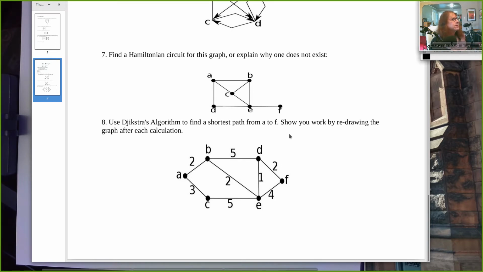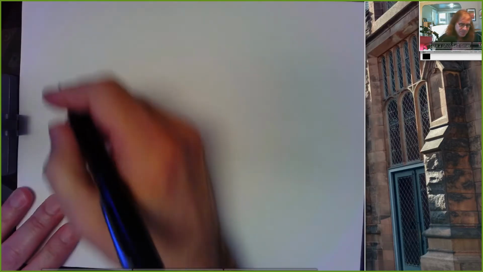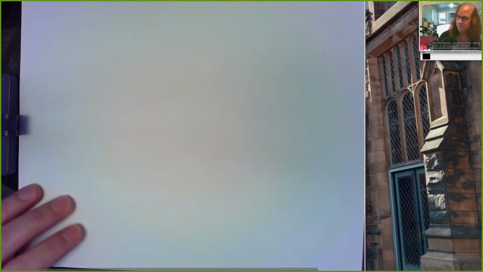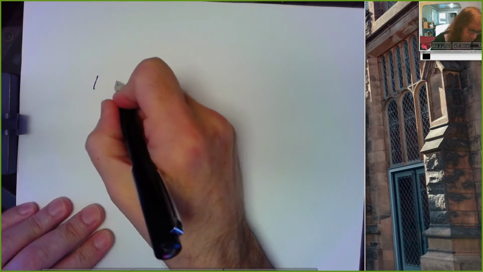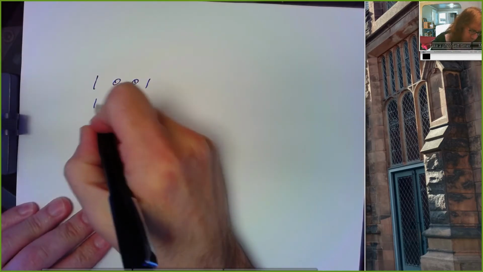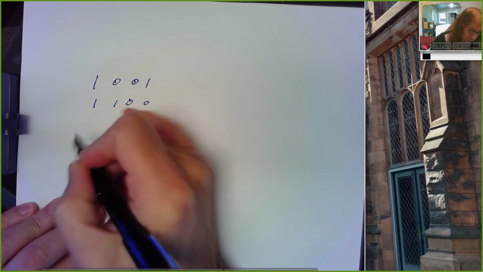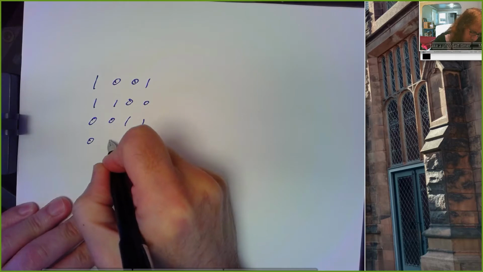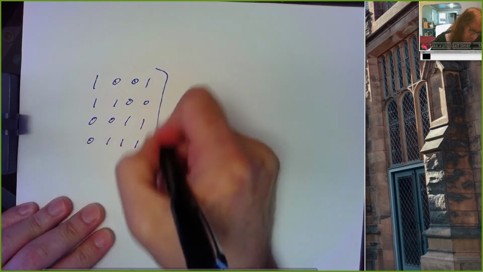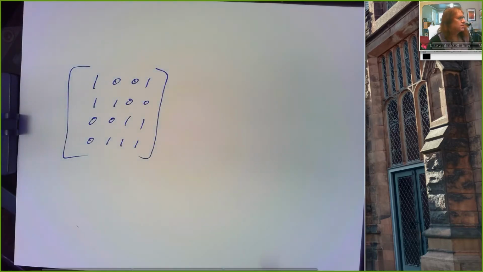So let's see, doing a graph from matrix, examples of matrices to graphs. So let's just make a matrix. It's random.